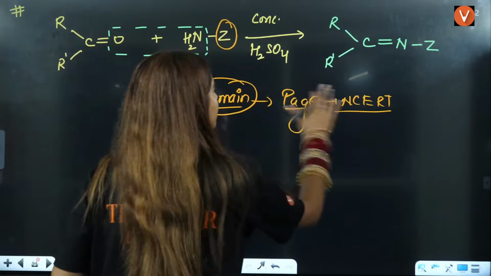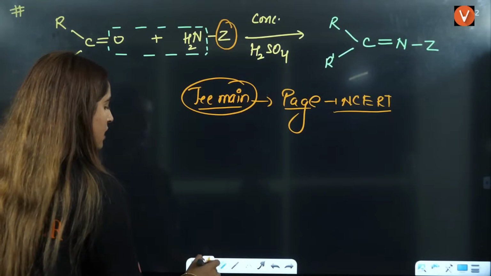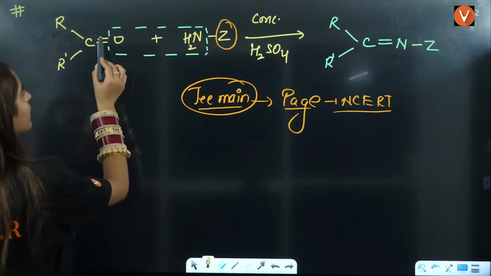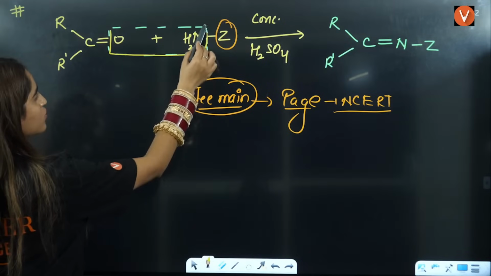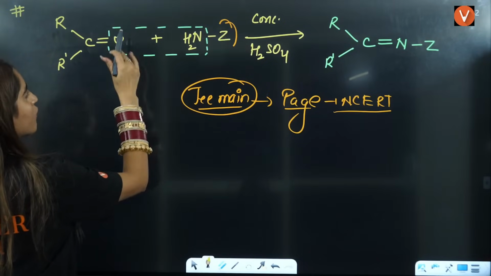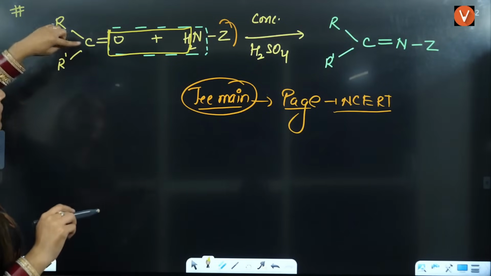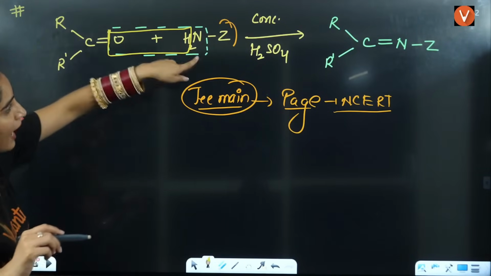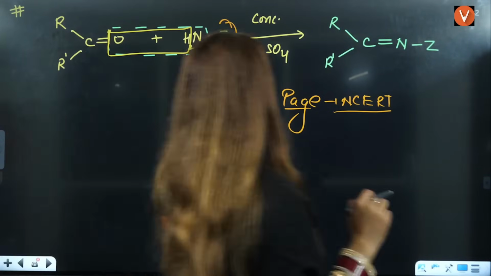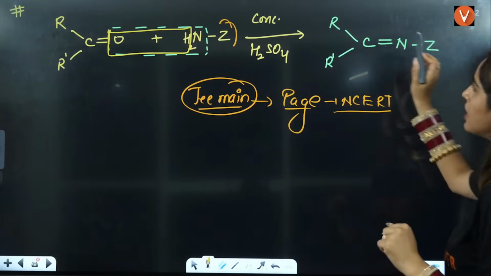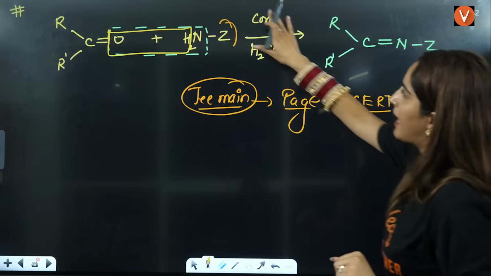Let me just tell you what exactly this is. Here you have O and NH2. This O and these H2 will be eliminated. Then carbon double bond nitrogen, and this Z will be attached here.